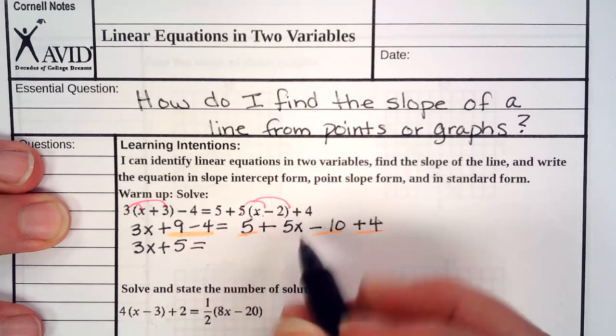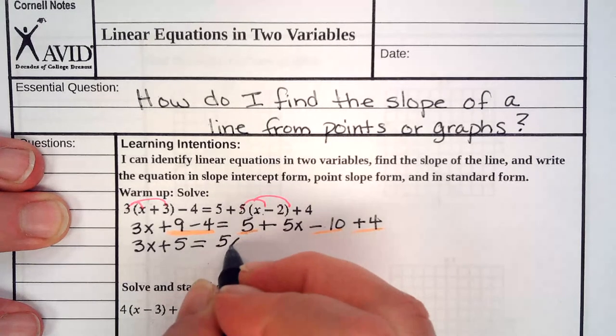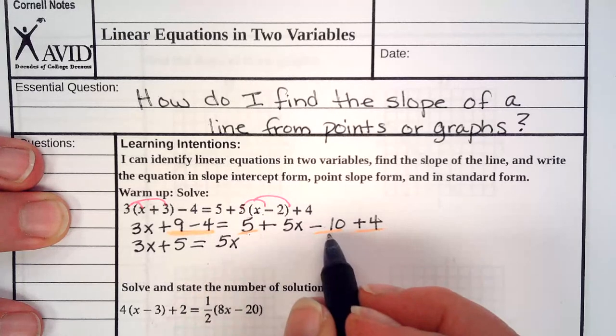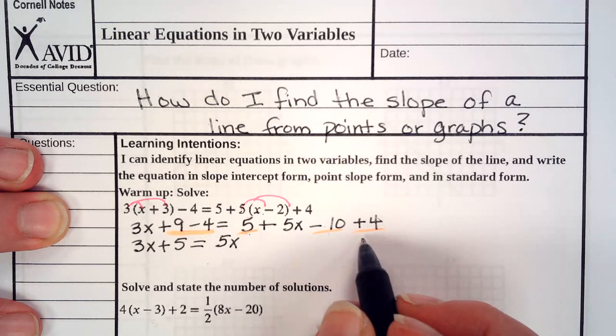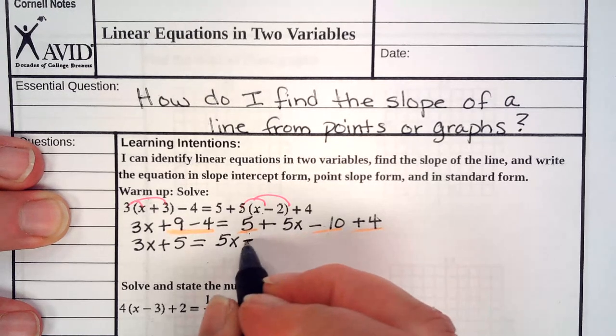Okay, I'm going to bring the 5x down next. I've got 5 minus 10. 5 minus 10 is negative 5. Negative 5 plus 4 is negative 1.